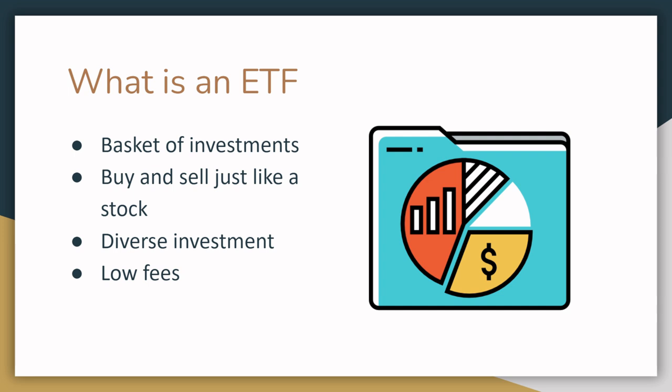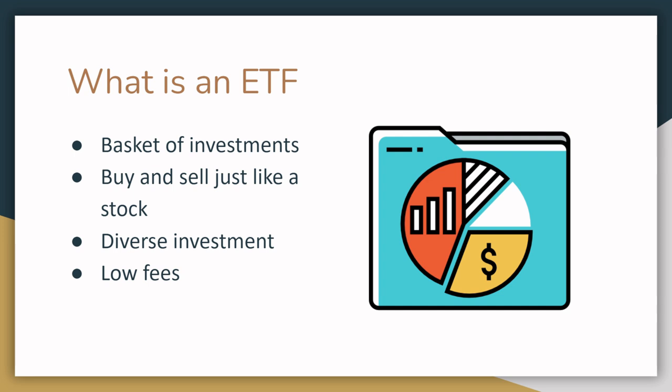Like a mutual fund, an ETF provides diversification by holding multiple securities, but unlike mutual funds, it trades throughout the day at market prices, just like stocks. This means you can buy or sell ETFs at any time during market hours, giving you greater control and liquidity. ETFs also typically have lower fees than mutual funds, which is one of the reasons they've become so popular among investors of all types.